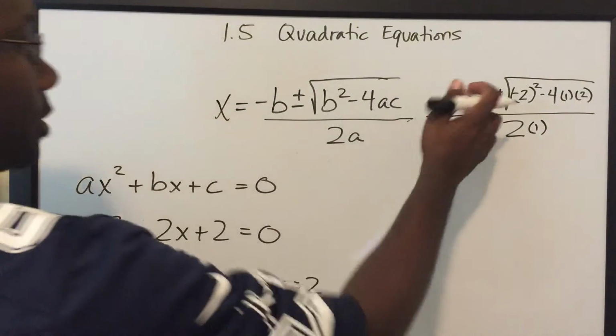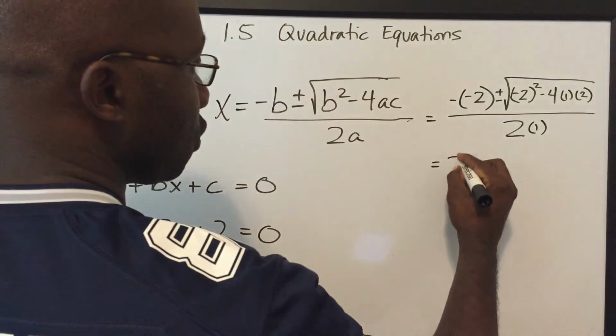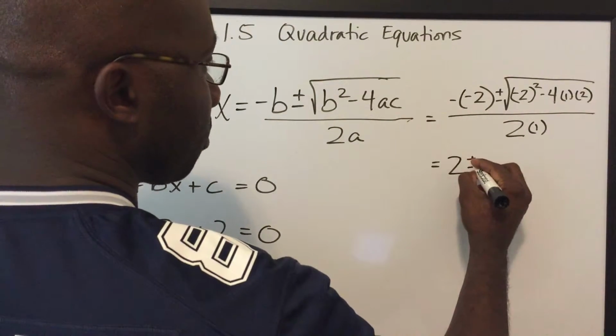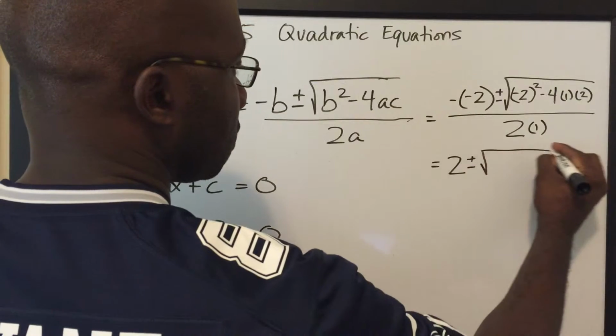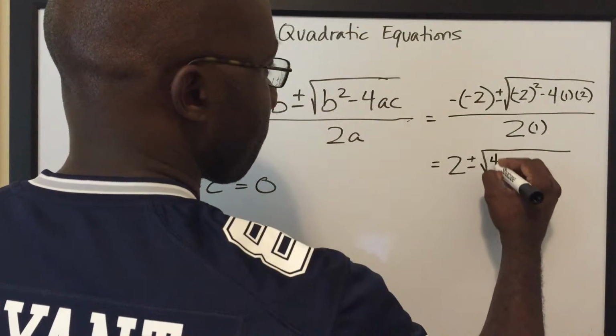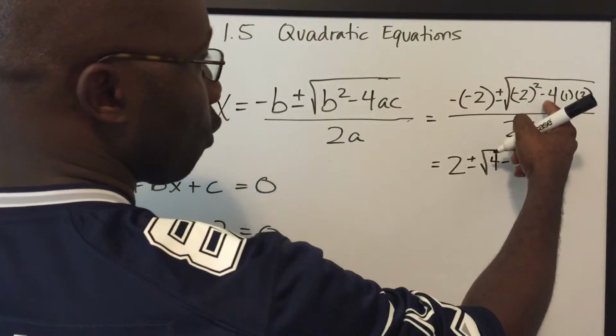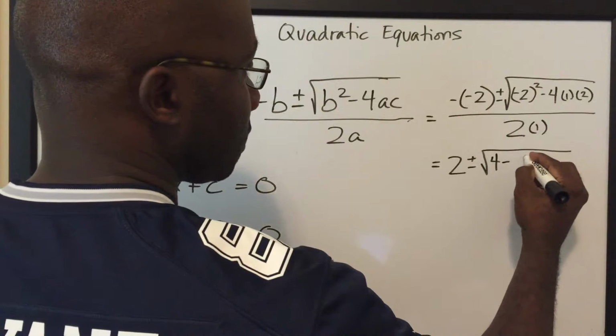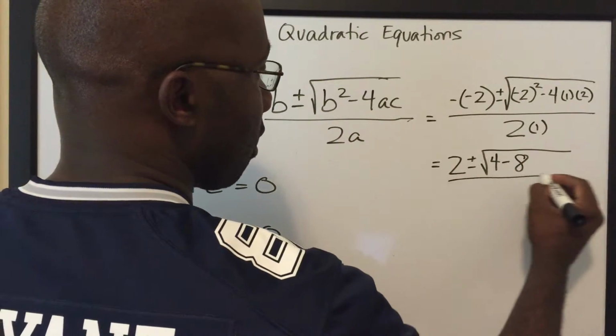We know a negative times a negative is a positive, so this is a 2 right here, plus or minus the square root of this. A negative 2 squared is 4, minus 4 times 1 times 2, that's 8, all over 2.